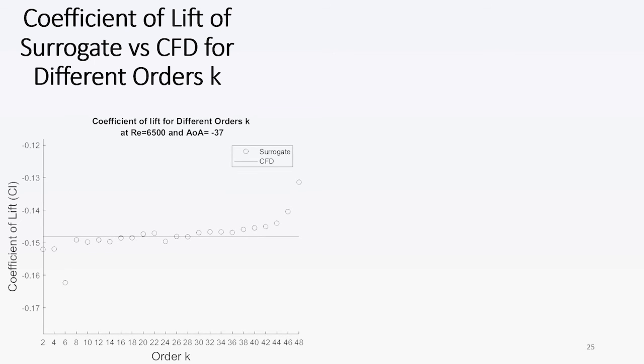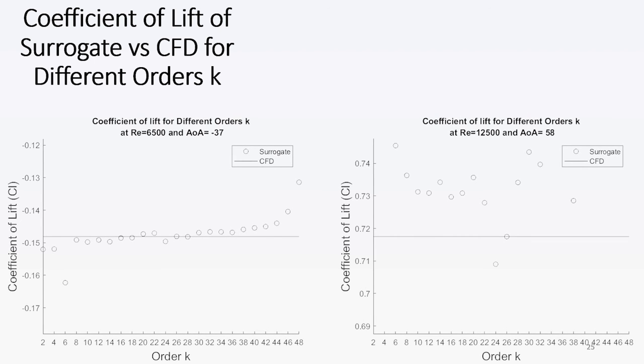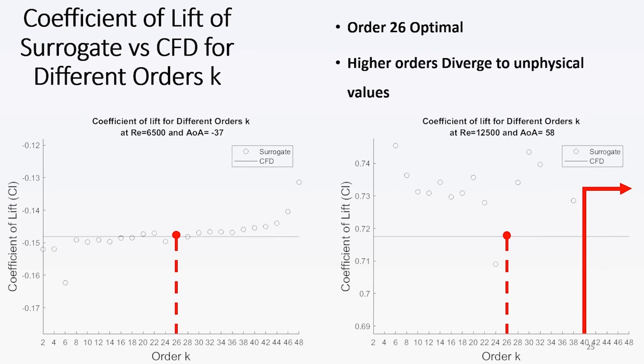For compactness, the results will only be shown for two sets of Reynolds numbers and angle of attack. In both cases, the order 26 achieved the best accuracy, and in the case of Reynolds number equal 12,500 and angle of attack equal 58, higher orders above 38 diverged to unphysical coefficient of lift values.